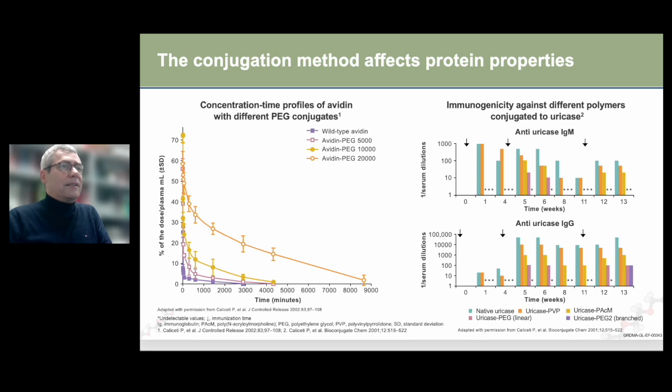On the other side, there is an example of the use of PEG in comparison with different polymers which were used throughout the years as alternatives to PEG, such as polyvinyl pyrrolidone or polyacryloyl morpholine, and also the results obtained with a linear PEG or a branched PEG. Here is reported the immunogenicity of uricase, which is a heterologous protein with high immunogenicity.